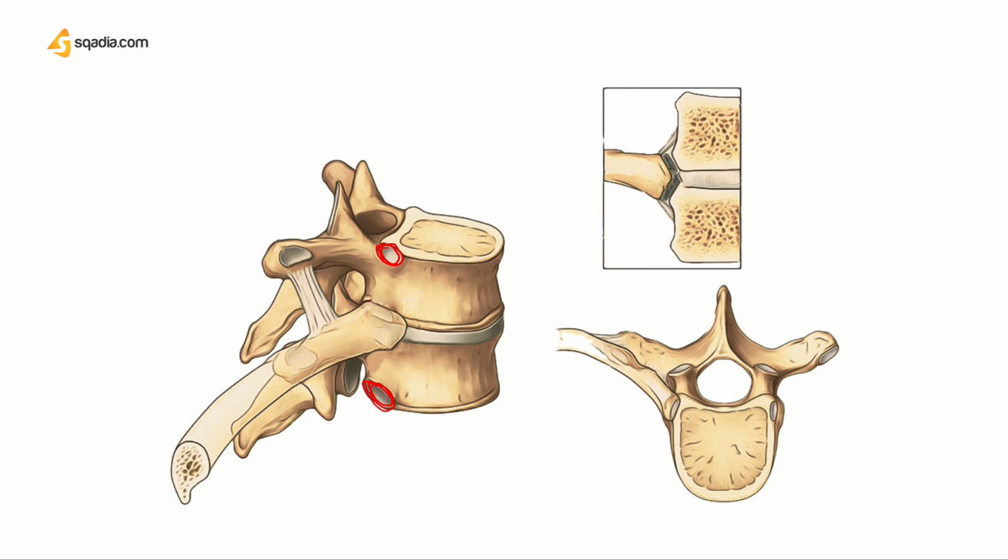So each rib, as you can see, articulates with the thoracic vertebrae with the inferior demifacet of the superior thoracic vertebra and the superior demifacet of the inferior thoracic vertebra. We also have something called a transverse process and a spinous process. So also we have in the skeletal structure these intervertebral discs. Okay, let's move on.